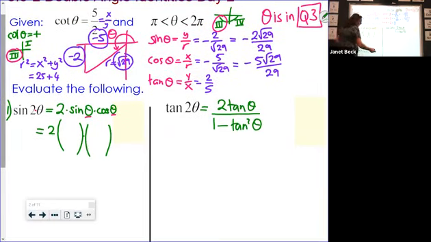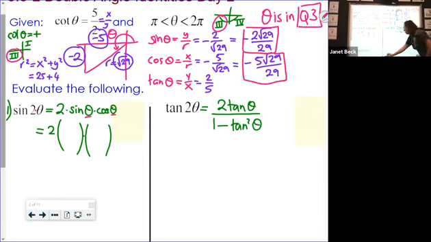So I'm going to go and look at these. Now, which of these am I going to use? Would it be better to use this one for the sine and this one for the cosine, or this one for the sine and this one for the cosine? Look at the math we're going to have to do. We're going to have to multiply them together. I would much rather multiply these two together than these two.